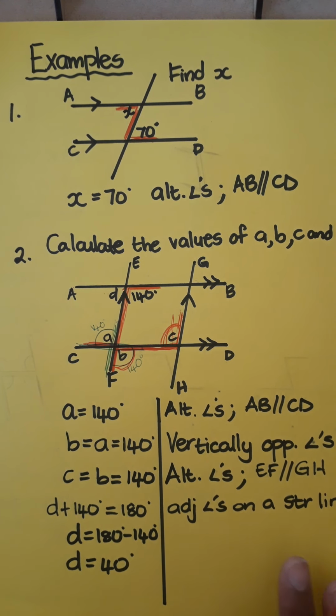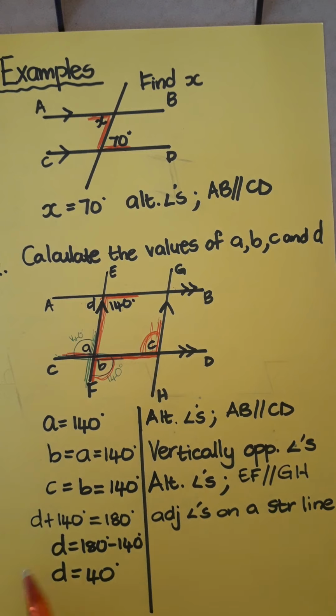Adjacent angles on a straight line. And then as an equation, we transpose the 140, so D equals 180 degrees minus 140 degrees. D equals 180 minus 140, which is 40 degrees. And that's how we can solve and calculate different angles.